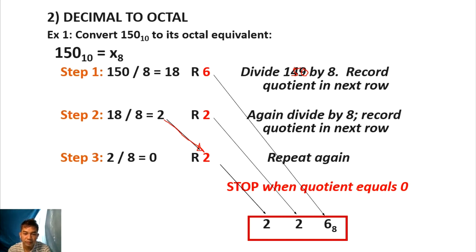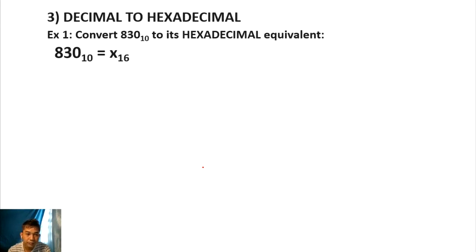Then stop, since 0 na yung quotient. So our final result is 2 6. Okay, same pa rin, LSB pa rin yung first remainder, MSB the last remainder. Okay, now convert 830 decimal to hexadecimal.